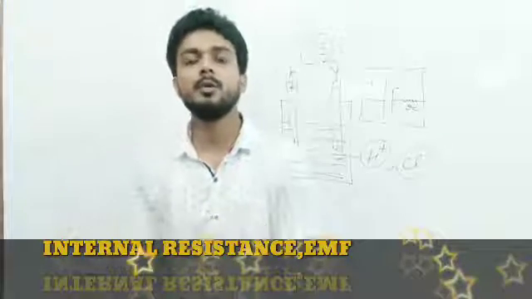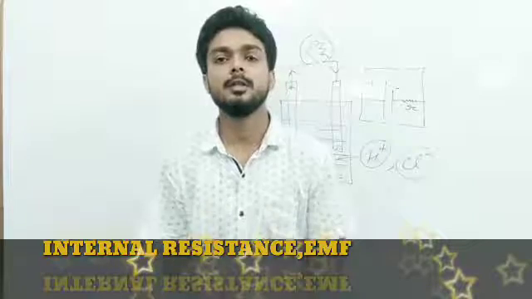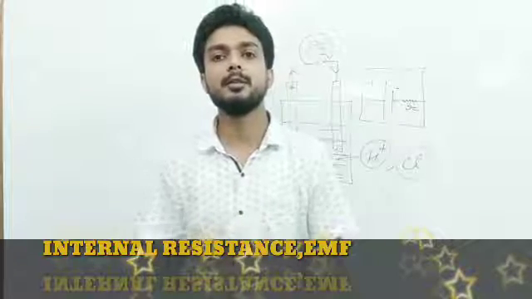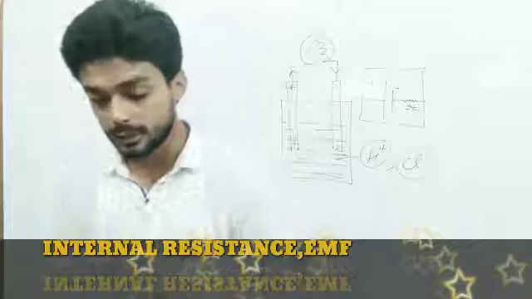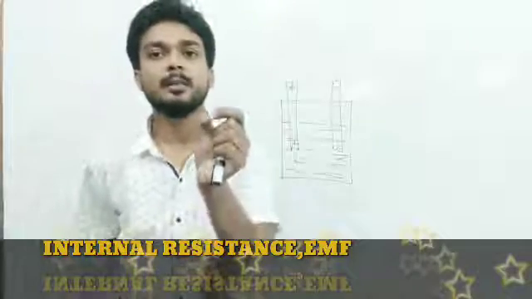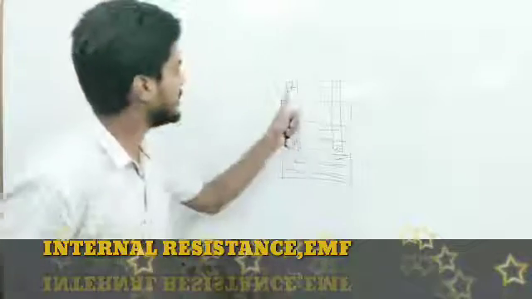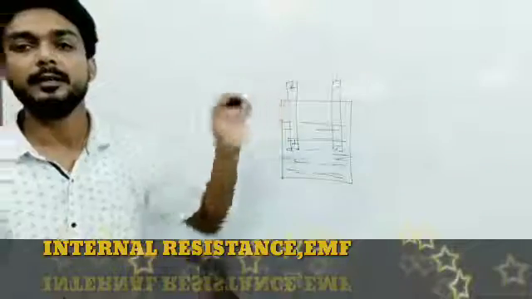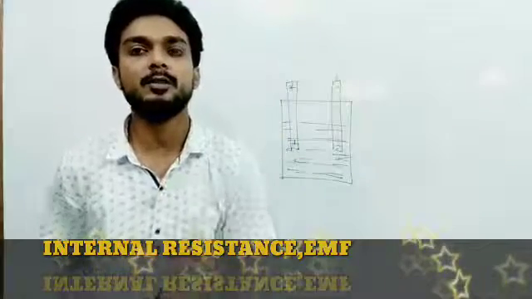Now students, we are going to discuss EMF, electromotive force. Every cell has its own EMF, and electromotive force is not any type of force. Actually, electromotive force is the potential difference between the terminals of the cell when no current is drawn.